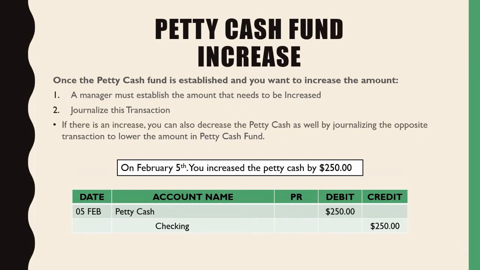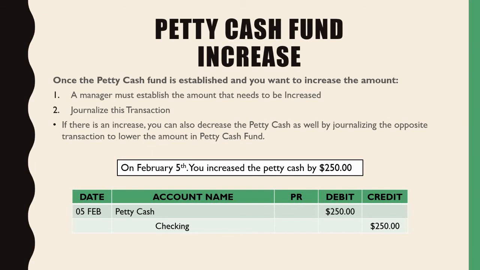So now, if I want to increase my petty cash drawer, instead of having it at $500, I want to increase it by $250. So then my total amount in my petty cash drawer is now $750.